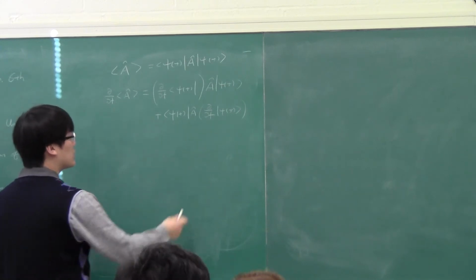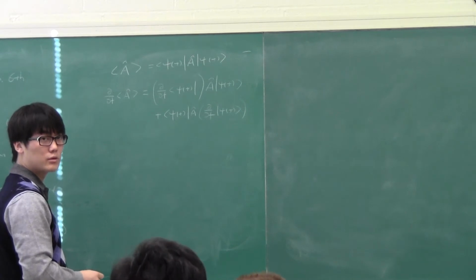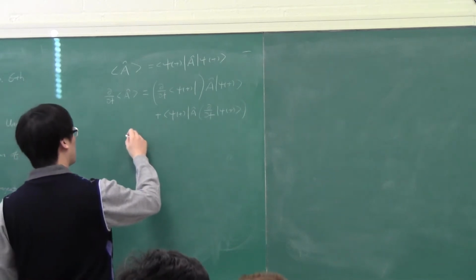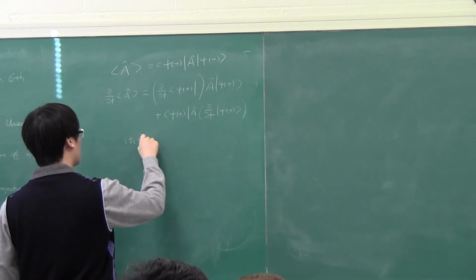Now you recognize these terms, and I can relate them to the Schrodinger equation, because the time-dependent Schrodinger equation written in Dirac notation will look like this.